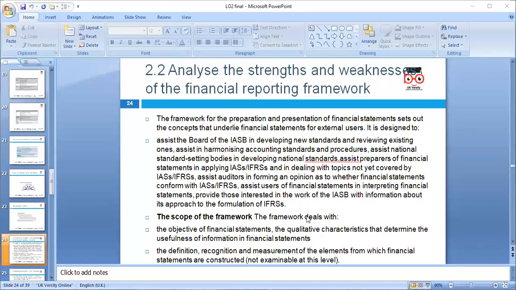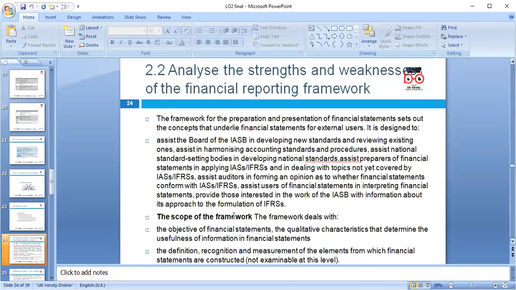Okay, so we have accounting standard boards which help oversee these financial statements. The International Accounting Standards Board sets the standards for financial reporting: the scope of the framework, the objective of the financial statements, qualitative characteristics, and recognition criteria.